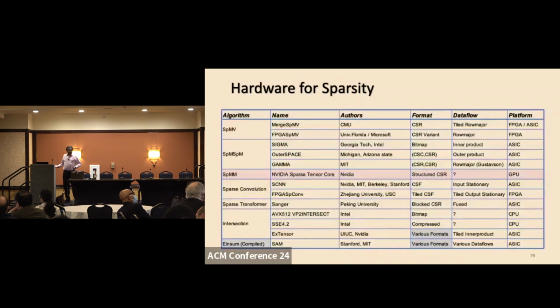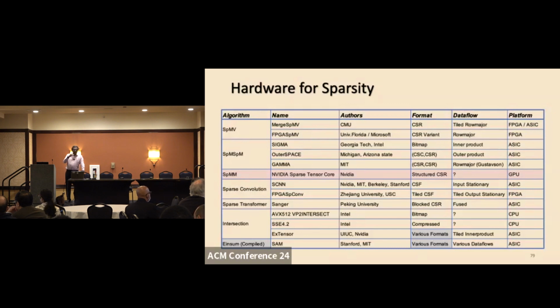There has been a lot of work. If you look at the work on FPGAs and ASICs, the beginning work basically did one computation. In fact, right now NVIDIA has made a commercially available thing that deals with a very simple sparse matrix multiply, for very simple sparse patterns.